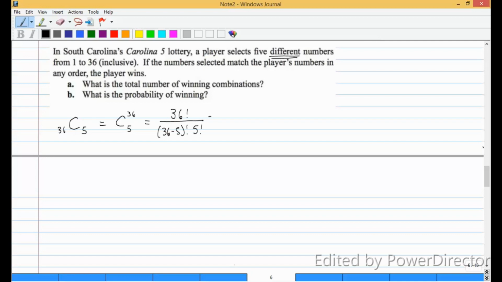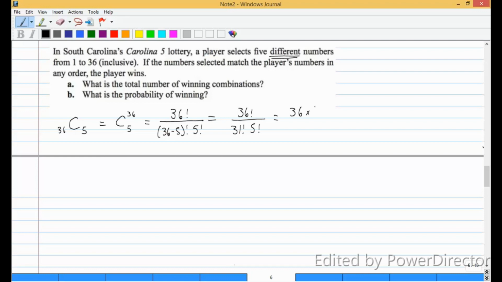But what we can do, let's simplify the numerator. So that's going to be 36 factorial over 31 factorial times 5 factorial. Now, let's simplify the way that I showed you earlier. So count down the numerator.